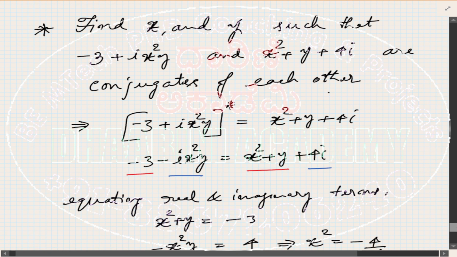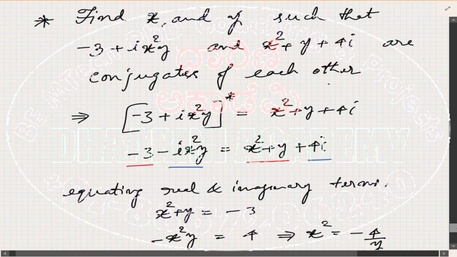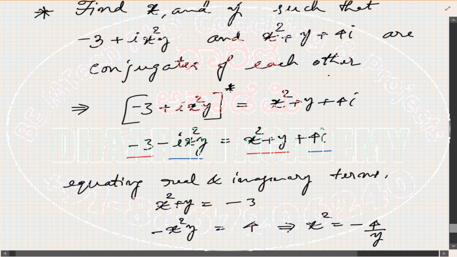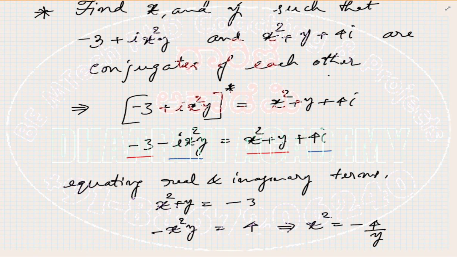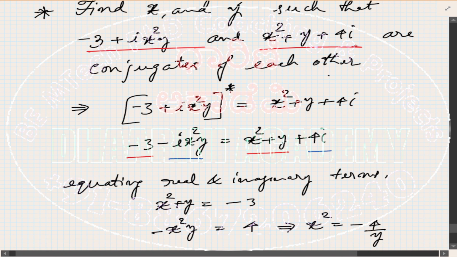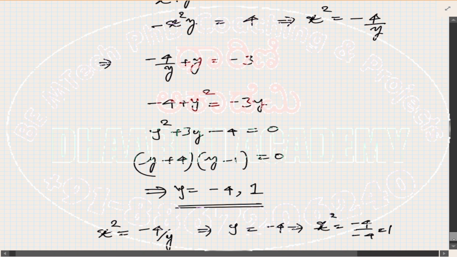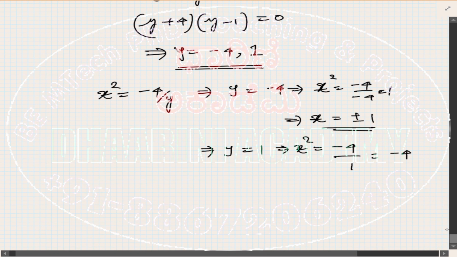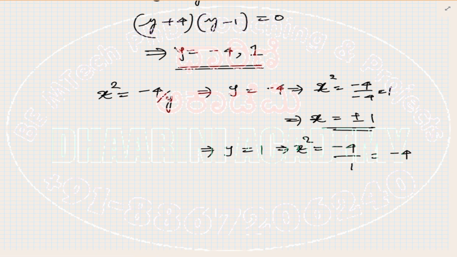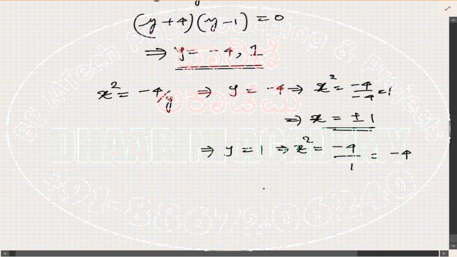In the whole equation, we are supposed to find x and y such that the two terms we are considering, one is this and one is this, have to be conjugates of each other where x and y have to be real. In this case, x squared is equal to minus 4, x is equal to root of minus 4, once again they become imaginary. That is not possible. So you can simply say that y equal to 1 is not possible.